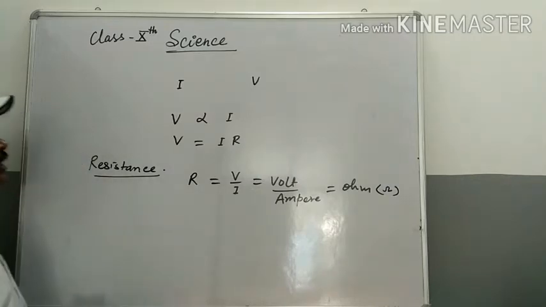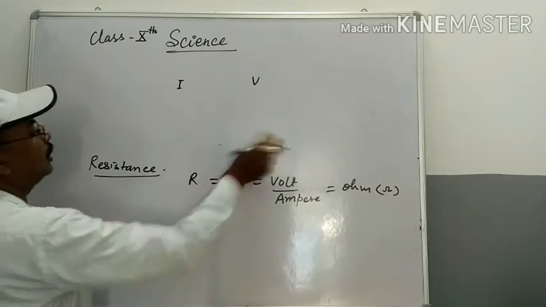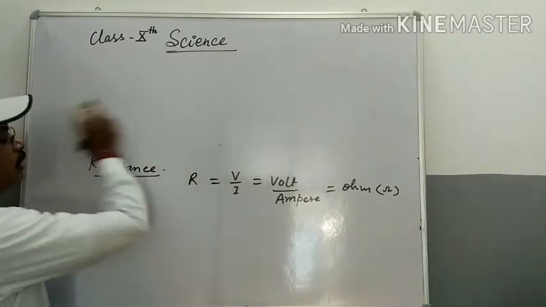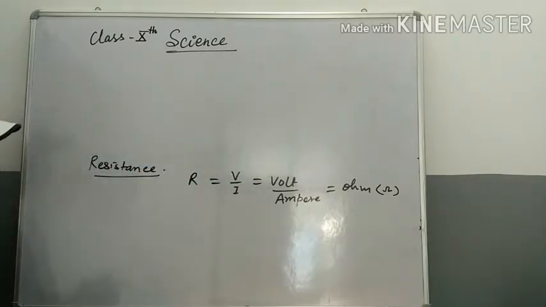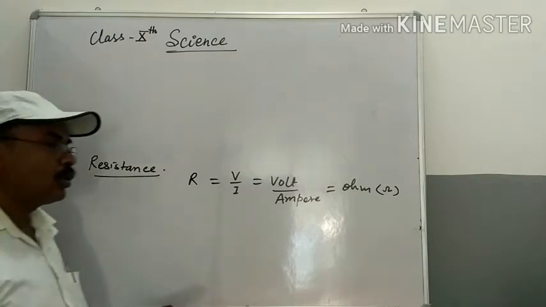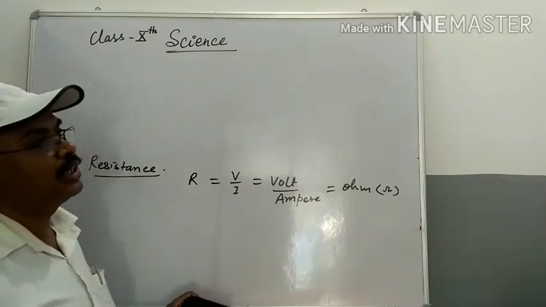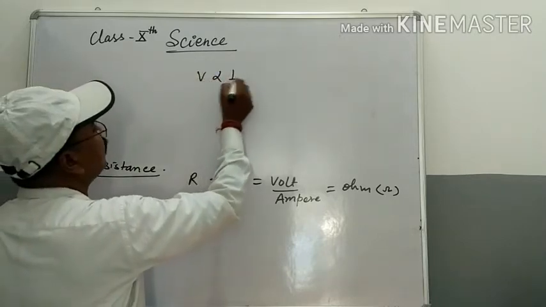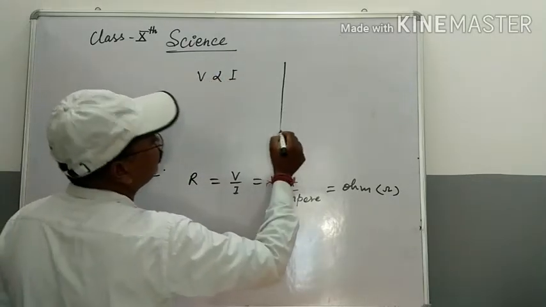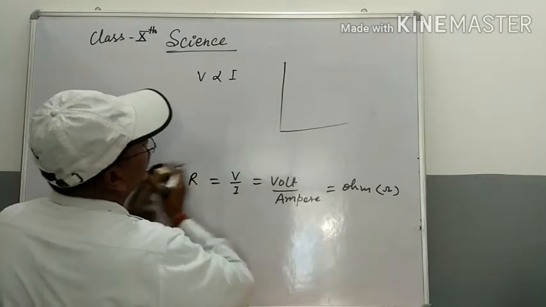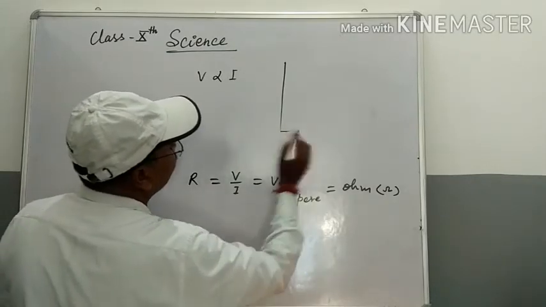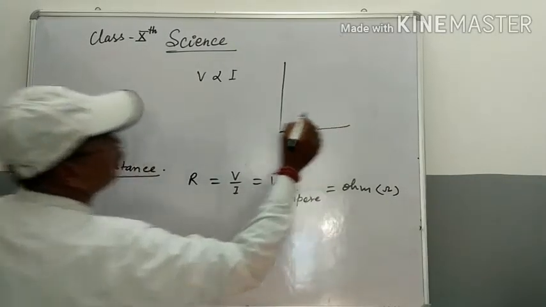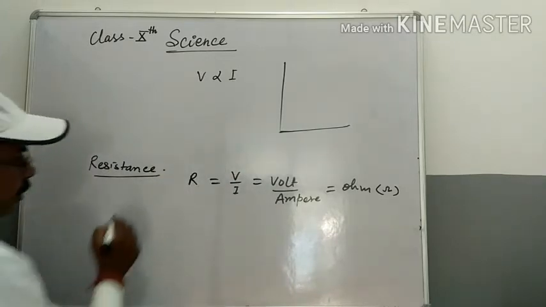Students, next we will study the graph between V and I. Since we have already noticed that V is proportional to I, it means the graph between current and voltage is a straight line.